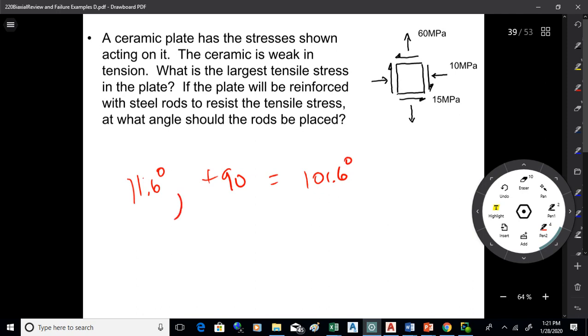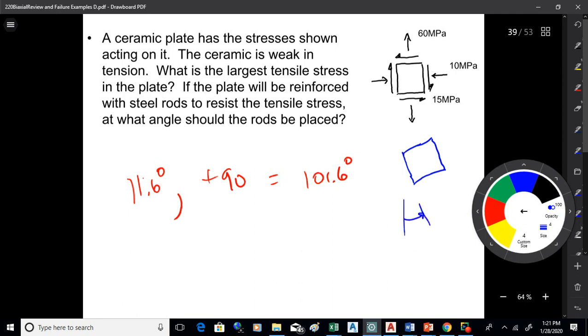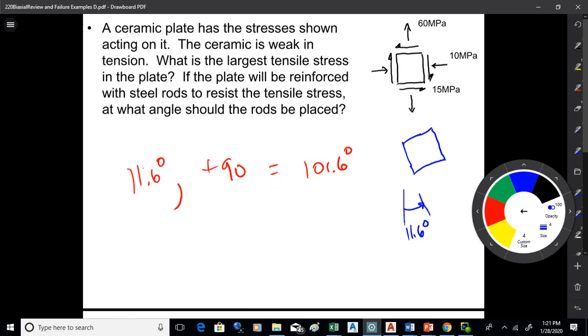All right, so what we just found is the angles at which these maximum and minimum stresses occur. Y'all good with that? I thought I got positive when I ran it. I don't know, but what I'm showing right there is positive.